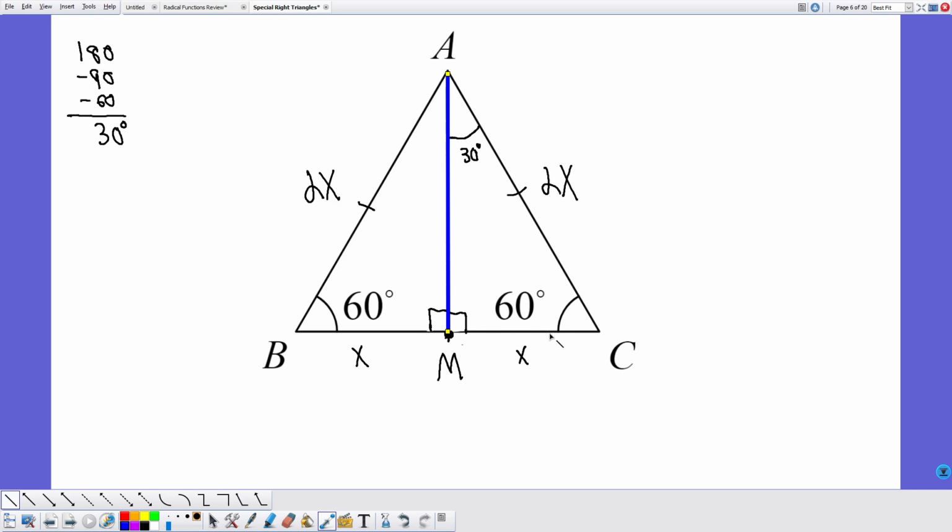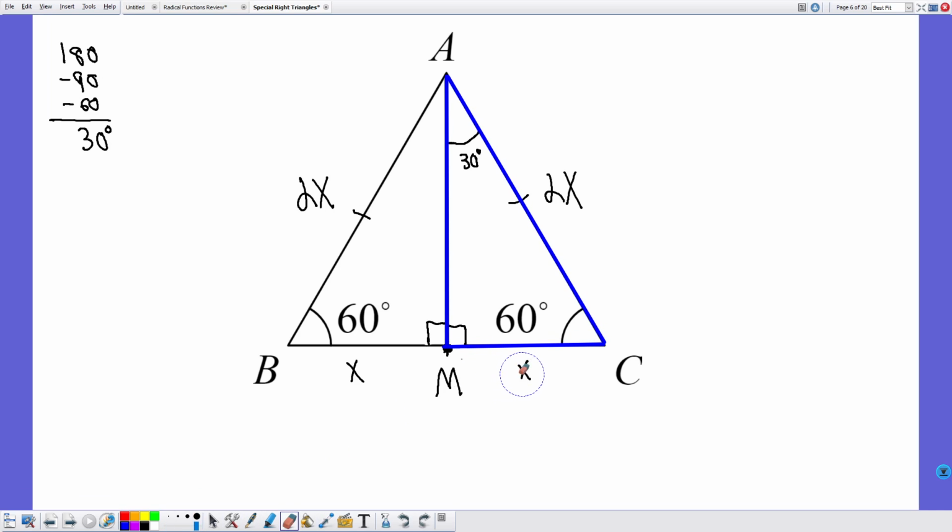So this right triangle here, AMC, we know what two of the side lengths are. And I'll rewrite them in blue to stay a little bit consistent. So if this had a length of x, then this has a length of 2x. Now I have this missing side here, that height. What is that side equal to?